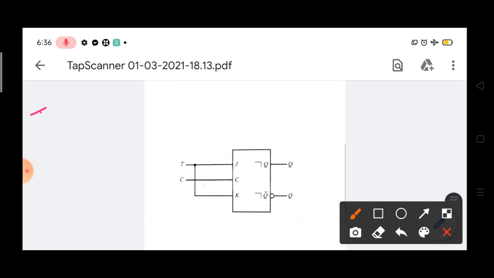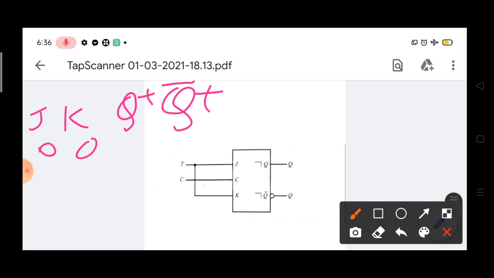For a JK flip-flop, this is J, this is K. I'll explain only for the clock pulse being high, with Q plus and Q plus complement. So J and K 0 0, when your clock is high, your present outputs will be the same as previous outputs.